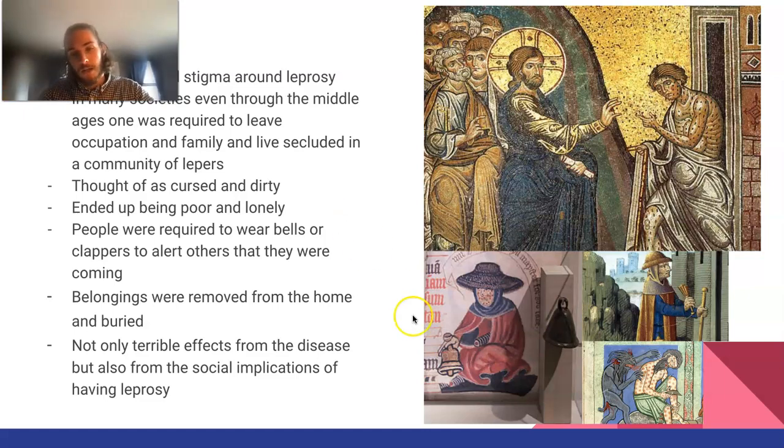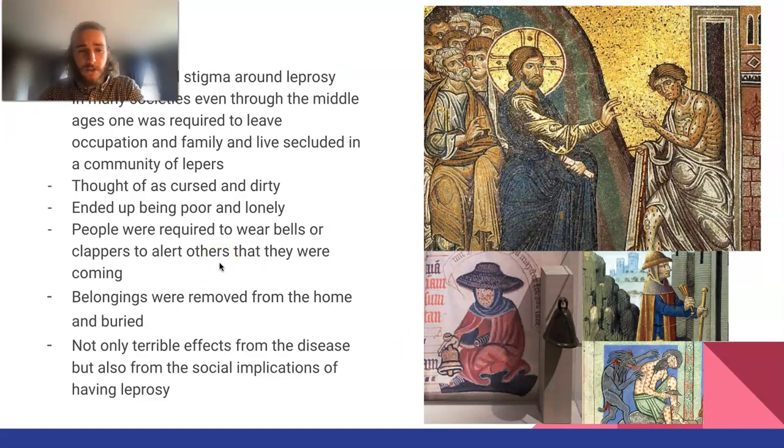And you can see down here, they're forced to carry around bells or clappers so that people know they're coming and can get out of the way, right? Pretty terrible social ramifications, not to mention the terrible symptoms that we talked about.